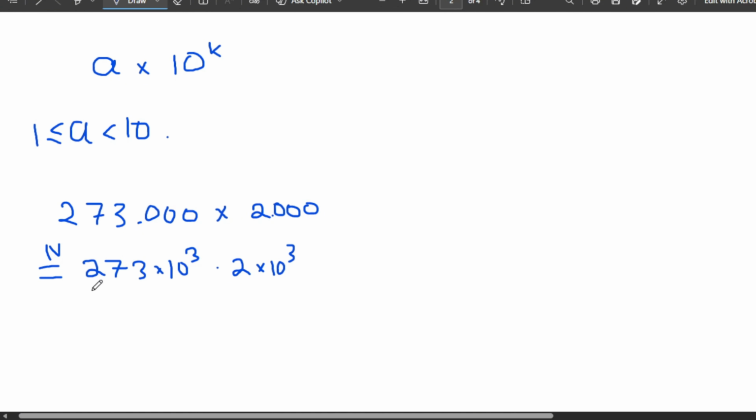And notice that 273 is already greater than our inequality for a. So what we do here is we must add a decimal. If we add a decimal to 47, we get 4.7. It's not the same, right? So we must multiply by 10.